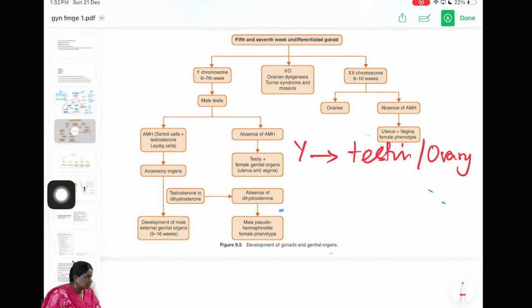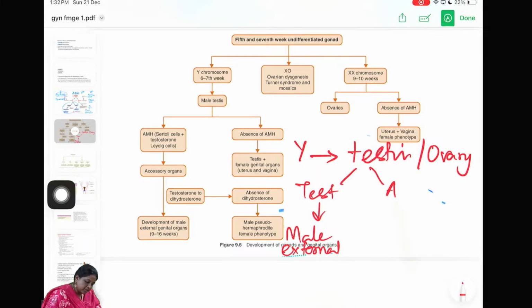Once the testis comes, testosterone is responsible for male external genitalia, and anti-Mullerian hormone is responsible for internal genitalia. That means the Mullerian duct won't develop.